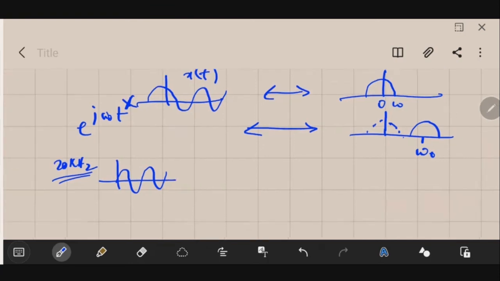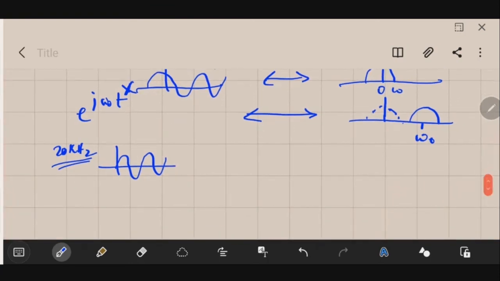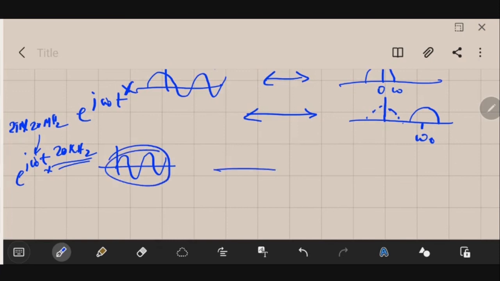Now, if you multiply e to the power j omega 0 t with this signal, and let's say this omega 0 is a very large value, let's say 2 pi into 20 megahertz, then the signal's frequency will be shifted towards the right by 20 megahertz.